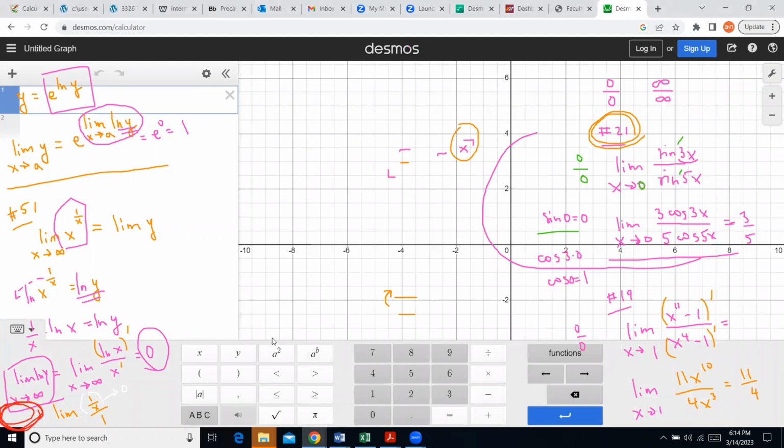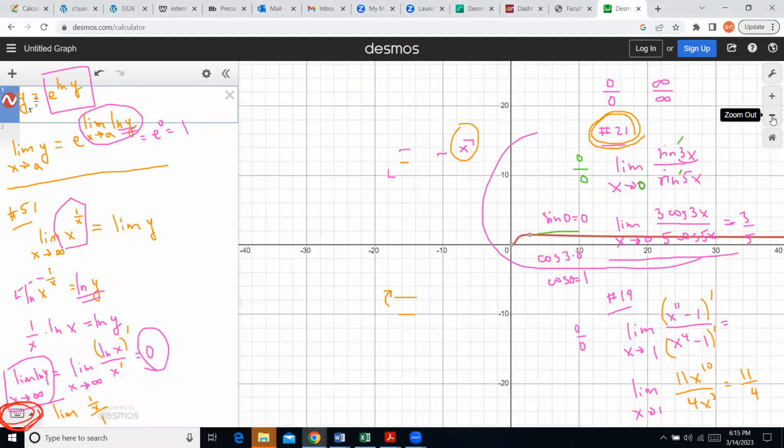So let me take x and raise it to the power of 1 over x, and look at the graph. So when you say, oh, I could technically do those limits using the graph, technically, yes, if you're not asked to show any work, you're just asked to give a limit, but that's a quick way to verify.